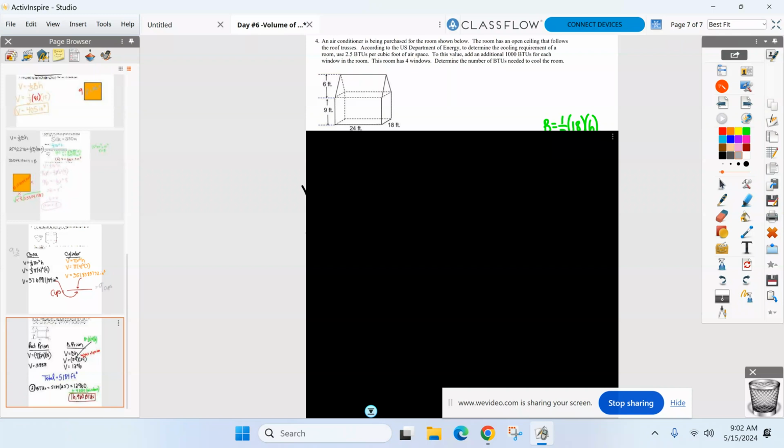You can talk it over in your group. Find the volume of the triangular prism and the volume of the rectangular prism, add them together, and then figure out how many BTUs it's going to take.